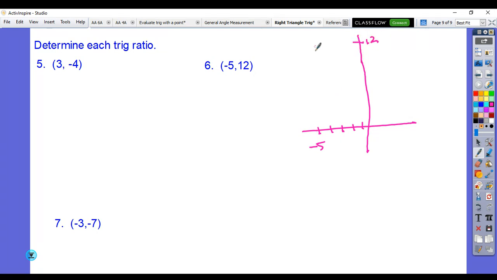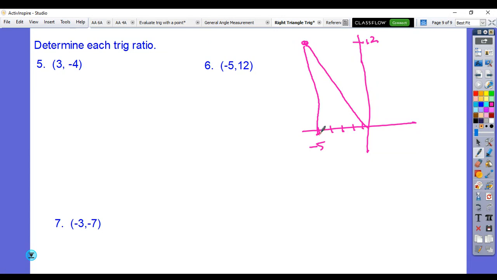So -5, 12. We always connect it to the origin, and then straight down to the x-axis.